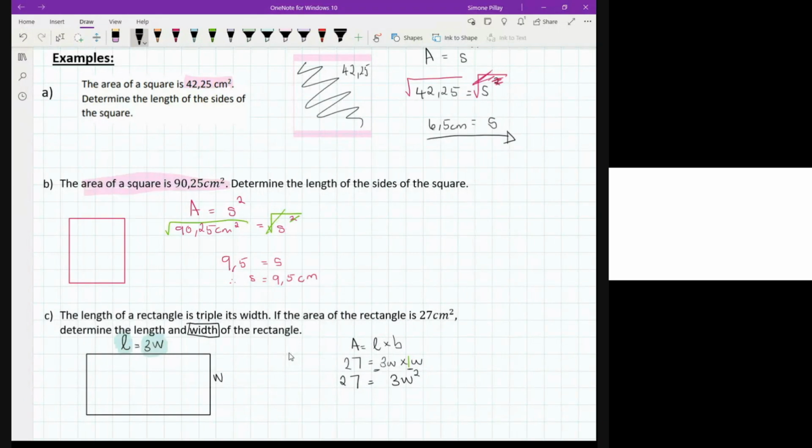We have to divide because remember, this 3W squared really means 3 times W squared. So we can't deal with something that's directly attached to my variable as yet because I still have something that can be removed before I get here. Does that make sense? Yes, ma'am.